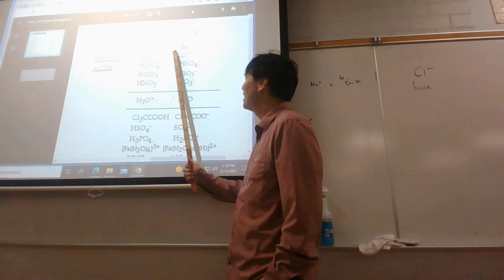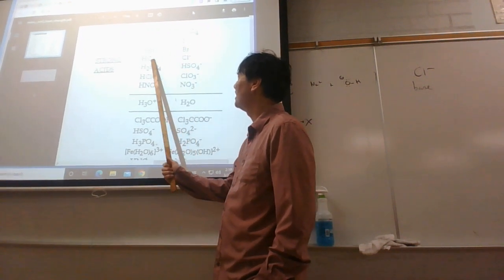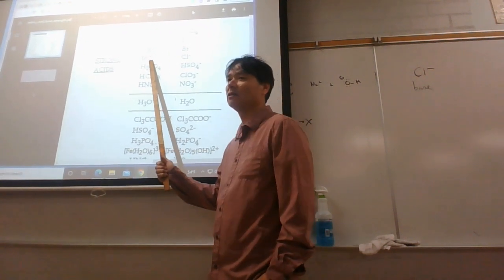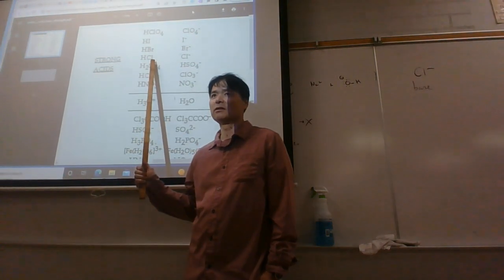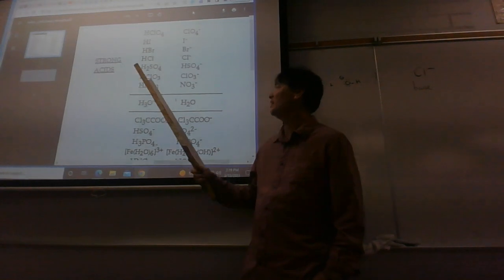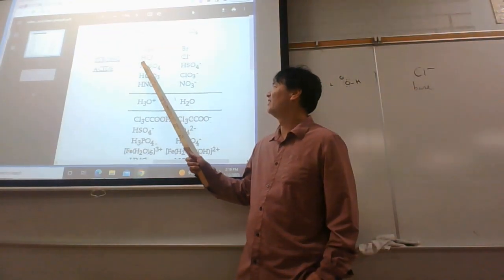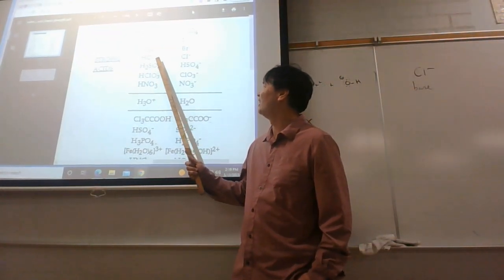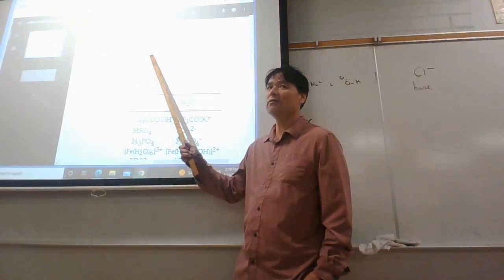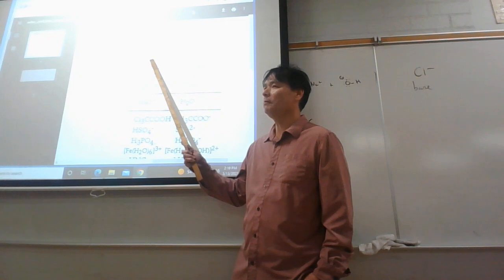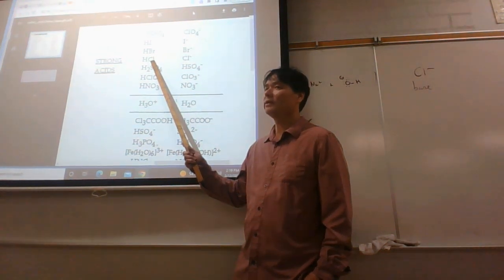And so if chloride reacts with HBr, we're going to form bromide and HCl. So we're going from HBr to HCl. But there's a problem. The problem is the leveling effect. The leveling effect is going to tell me, is HCl really a weaker acid than HBr? No. They're the same strength in water.